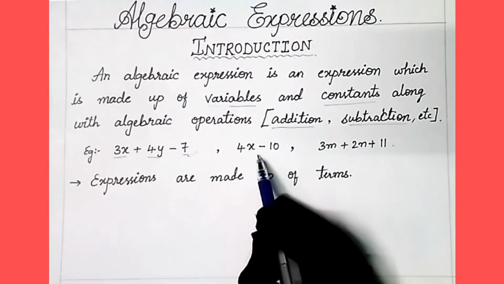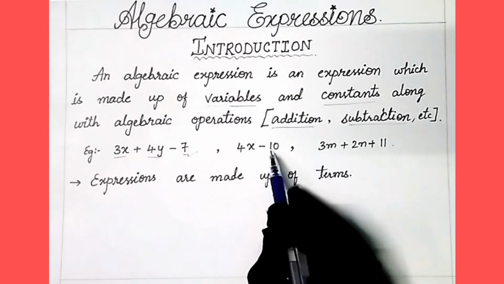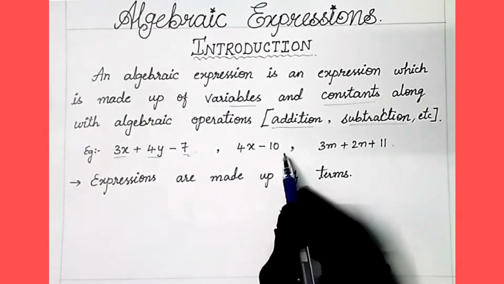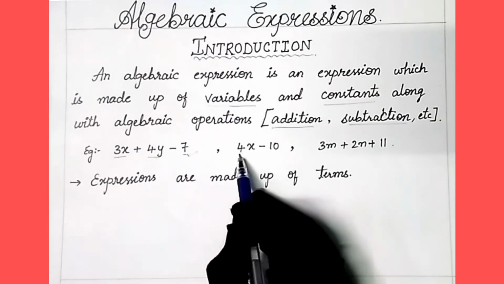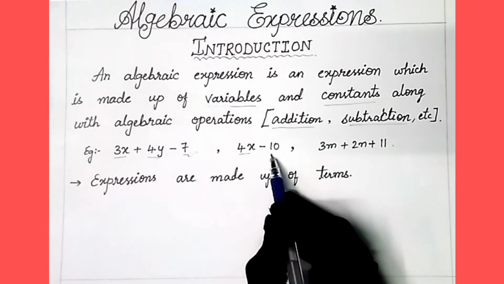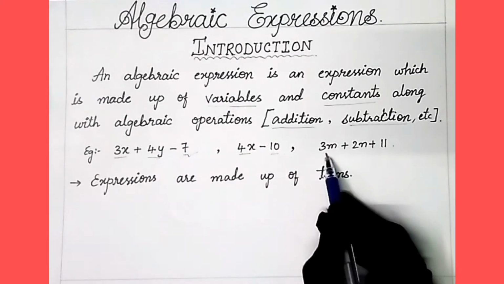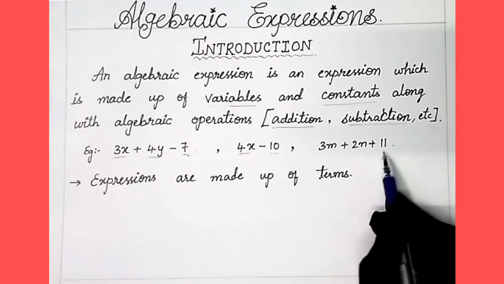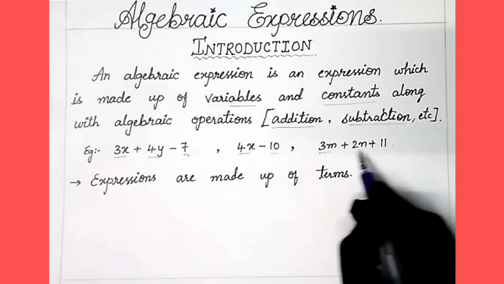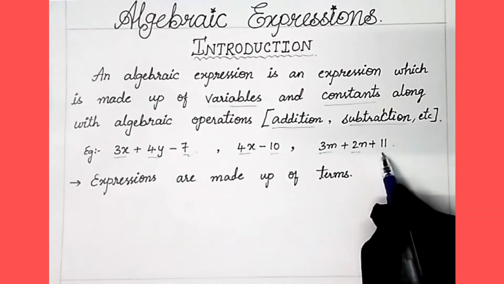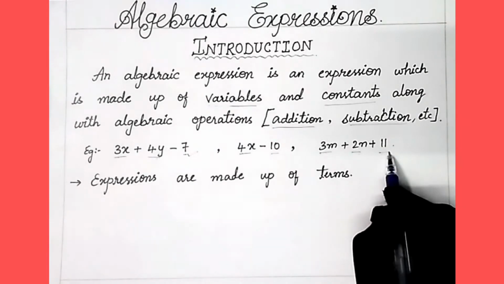We have one more example, 4x minus 10. It is also an expression. It contains one variable and one constant. We have one more example, 3m plus 2n plus 11. These two are variables and this is one constant.